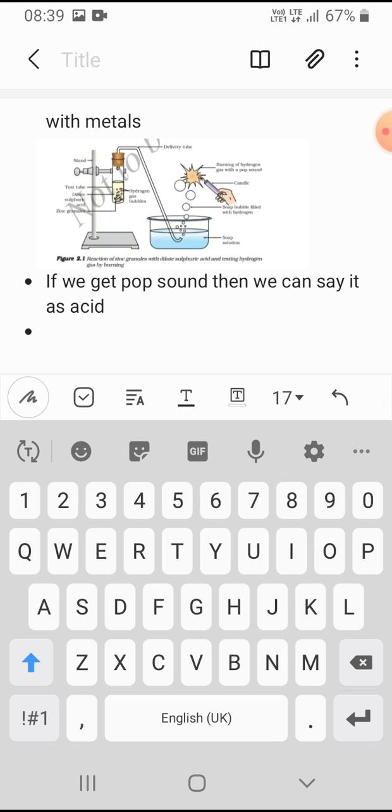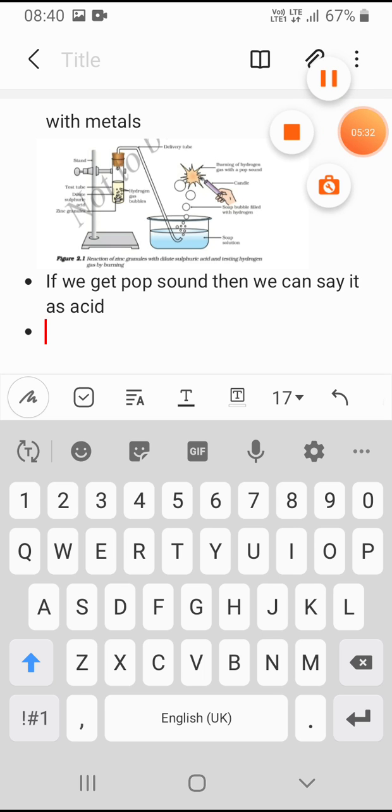See, here hydrogen is going out from this delivery tube, and diluted sulfuric acid is there in the test tube. It is going to the soap water. There the hydrogen bubbles are coming, and the candle gives the pop sound. Then we can say it is acid.